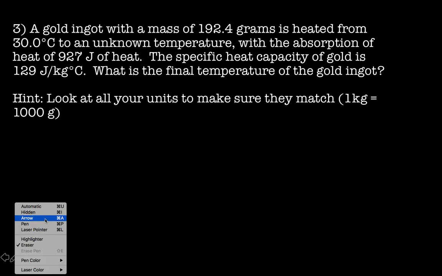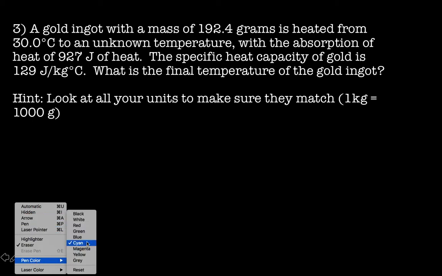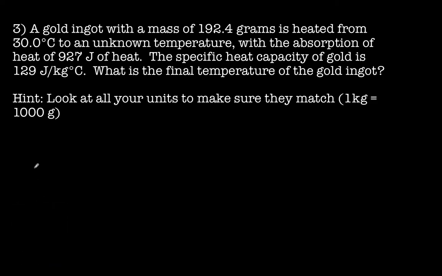The specific heat capacity is given as 129 joules per kilogram degrees Celsius, and I am asking for the final temperature of the gold ingot. And finally, I want to make sure, because I gave a hint, that all of my units match on this problem. So let's start it out the same exact way by listing all of my knowns and my unknowns.